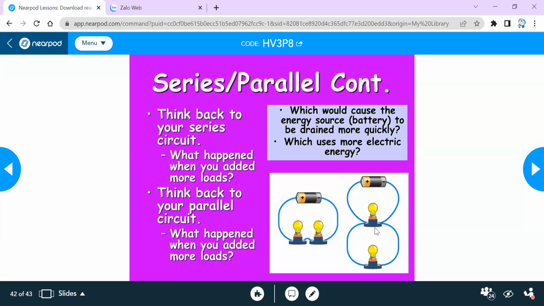All right, as mentioned, I saw some chat coming in. So which one will be brightest? Which one will be dimmer if you add more load in the circuit? I saw some answers coming in through the chat. Someone says parallel will be the brightest.